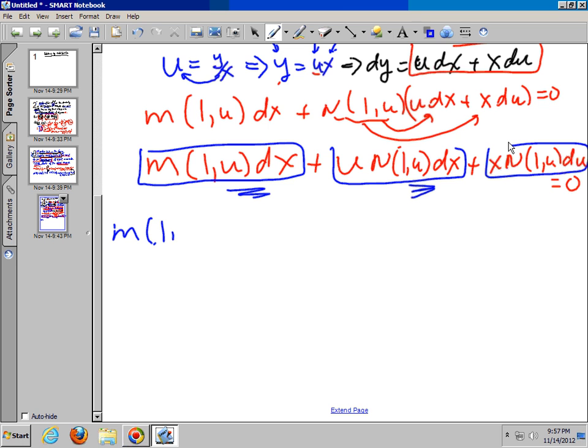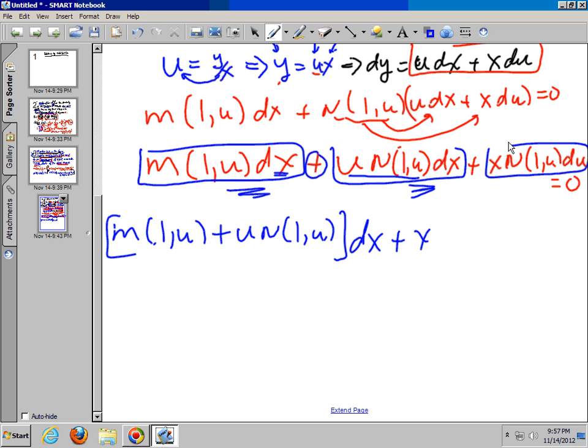I have M of 1 comma u plus u times N of 1 comma u, and this all gets multiplied by dx, the common factor, plus x times N of 1 comma u du equals 0. Now notice that M of 1 comma u is only a function of u, and N of 1 comma u is only a function of u.